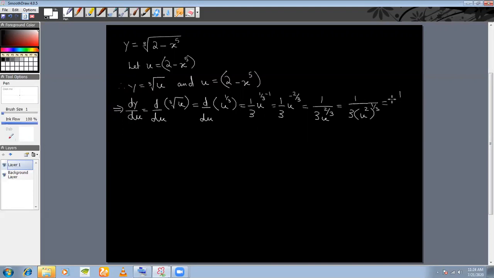Which is equal to 1 by 3 cube root of u square. Yes, clear?